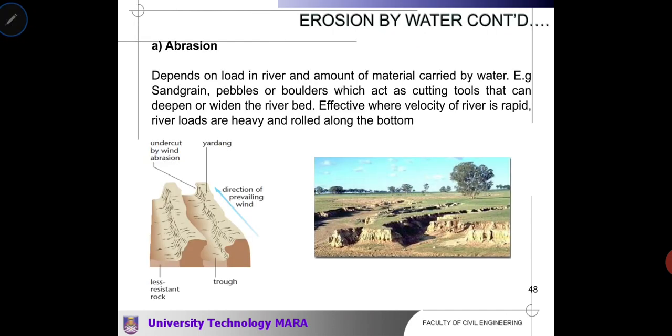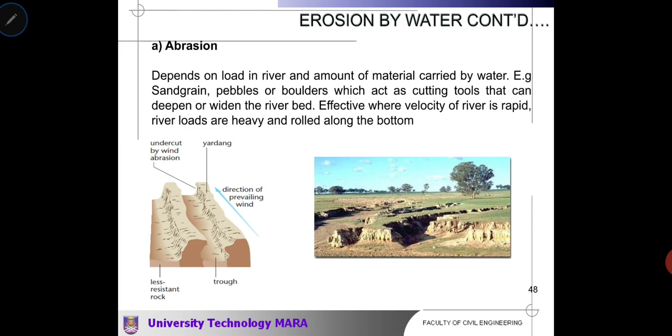Okay, number one is abrasion. It depends on the load in the river and the amount of material carried by water, for example sand grains, pebbles or boulders, which act as cutting tools that can deepen or widen the river bed. It is effective where the velocity of the river is rapid and river loads are heavy and roll along the bottom.